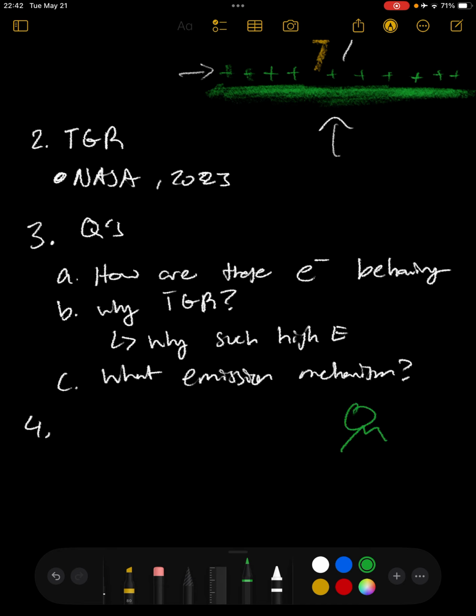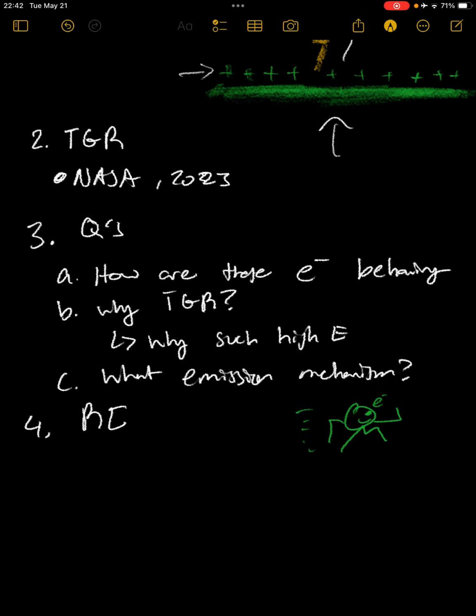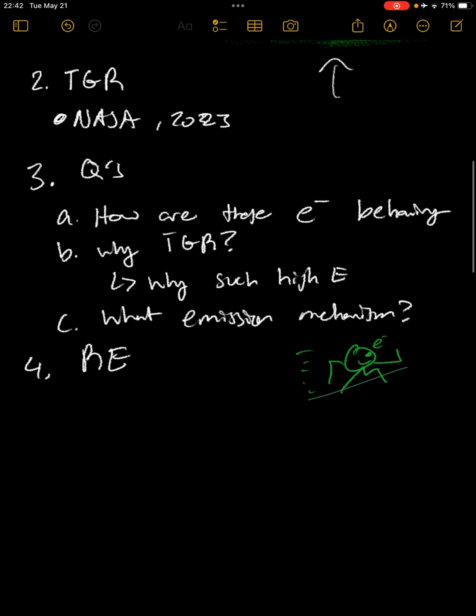And we're going to be answering them with what is called the runaway electron, which I'll just say RE for right now. This was first described by Wilson, in 1925, I believe, from his cloud chamber, which was made in about 1911, 1912.